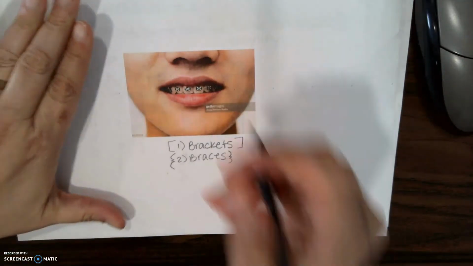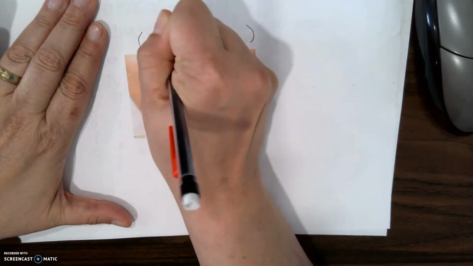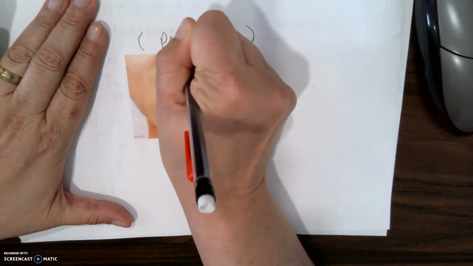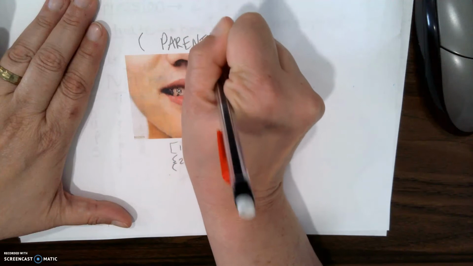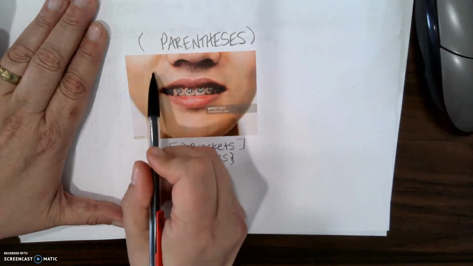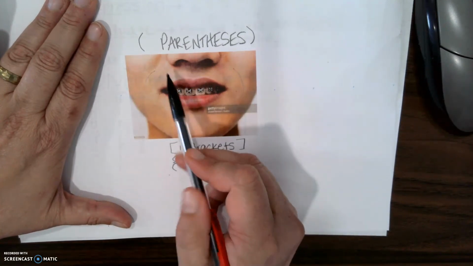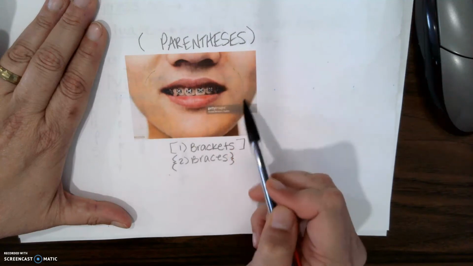But the very, very first thing we do is parentheses. And I like to think of parentheses as your smile out here. So the parentheses is your smile.